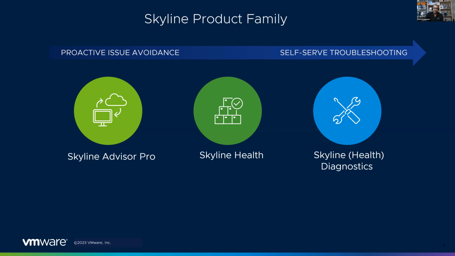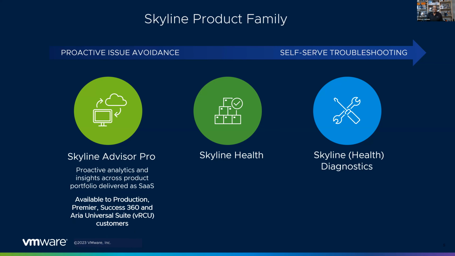And so with that being said, starting on the proactive side of things, you can use Skyline Advisor Pro and Skyline Health to avoid issues before they occur, across your supported products, right? Skyline findings are based on top KBs, VMSA, CVEs, and best design practices.